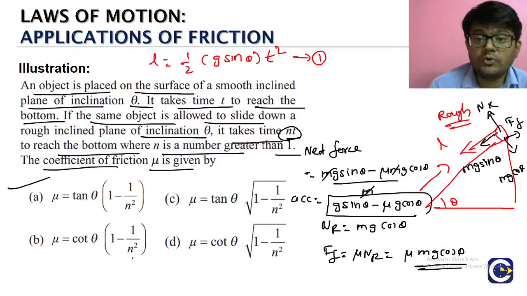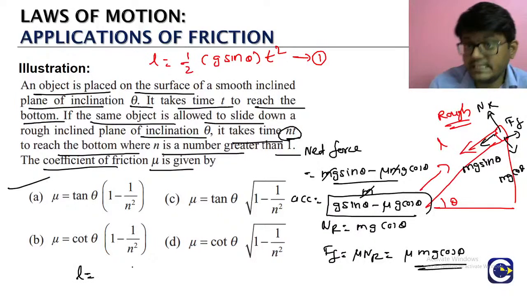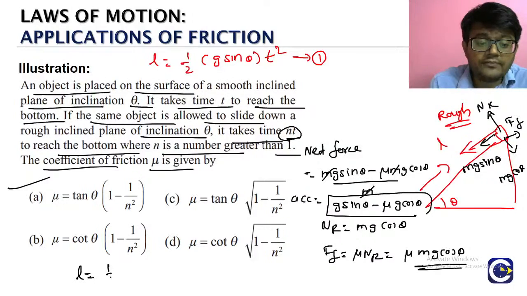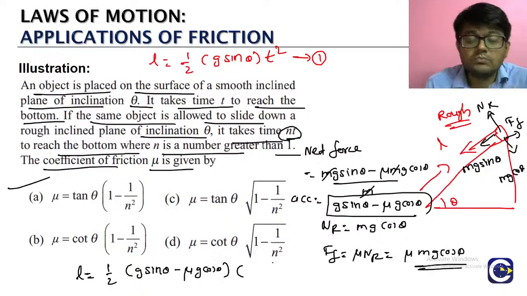So here also we are going to have the same displacement, right? Means L is equal to ut, u is 0, plus half acceleration, g sin theta minus mu g cos theta, into t square.